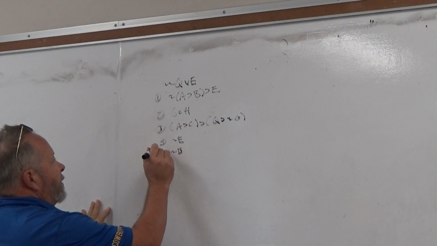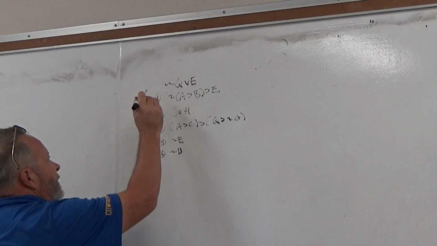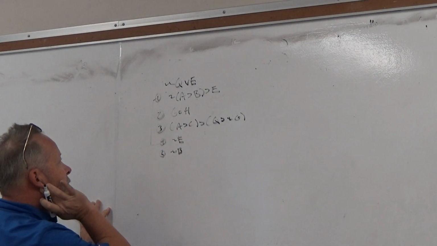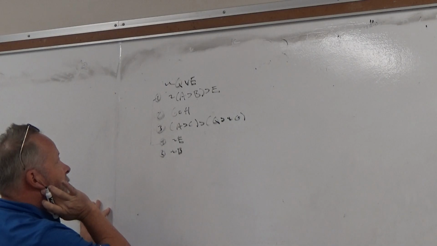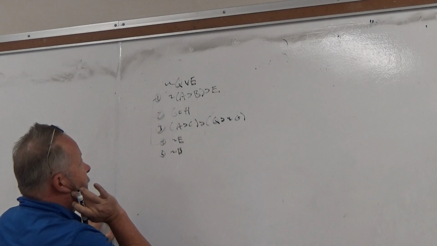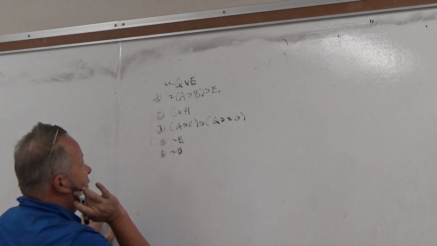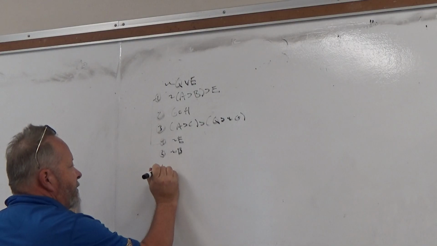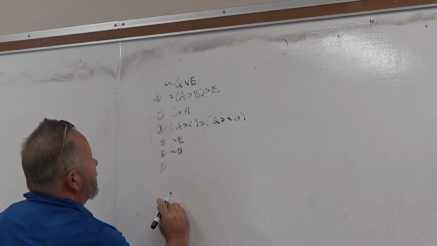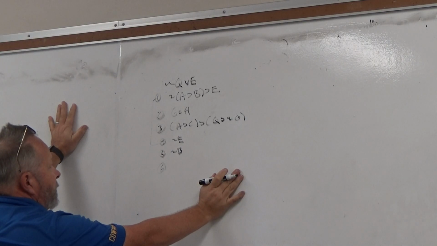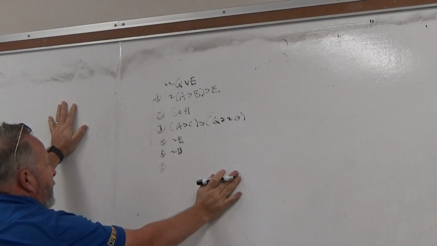Let me start with this. I'm going to start to try to get the E, or no, I'm going to do modus tollens, and so I get, oh, wait a second. Okay.